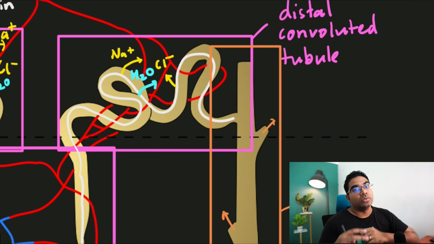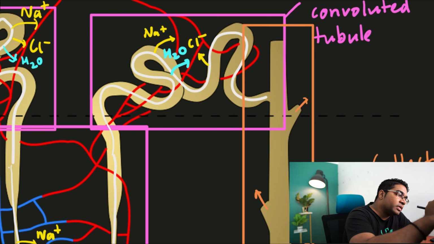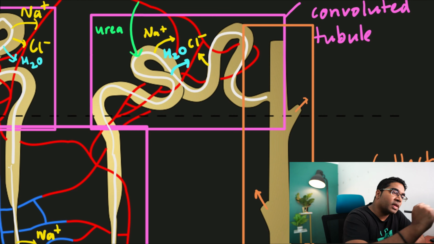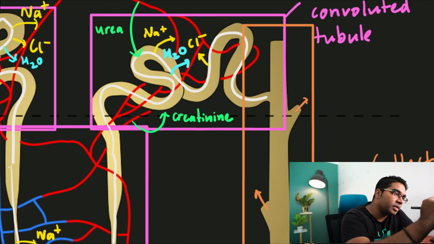Secretion occurs through two processes, that is either active transport or simple diffusion. So we have secretion from the blood. What is going to come in is urea and creatinine. So creatinine is going to go from the blood to the renal tubule. We have a few ions that are going to go in as well from the blood.